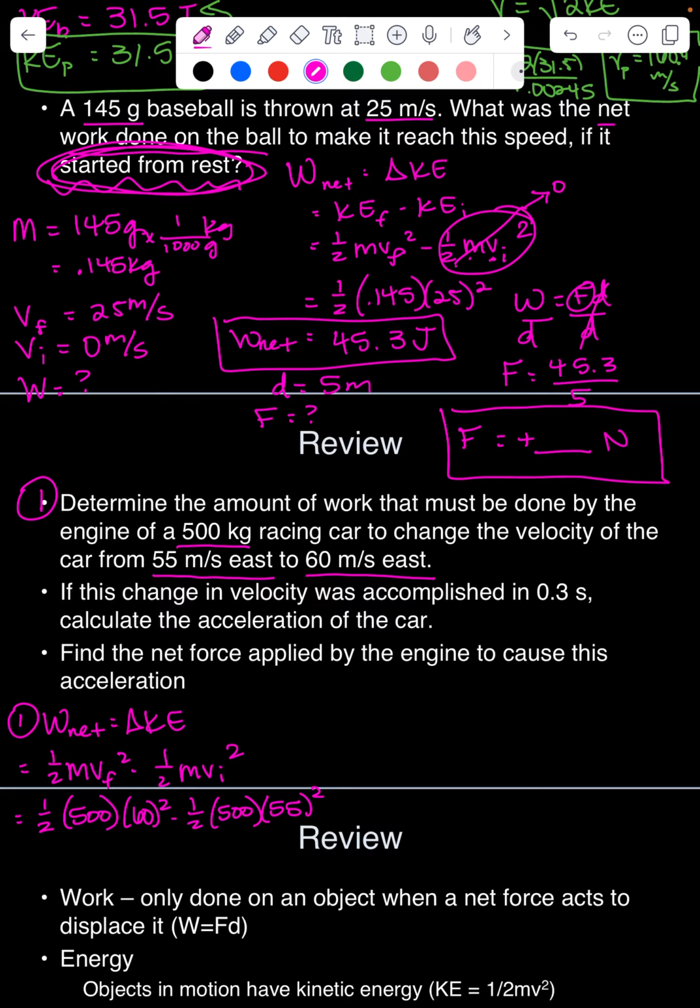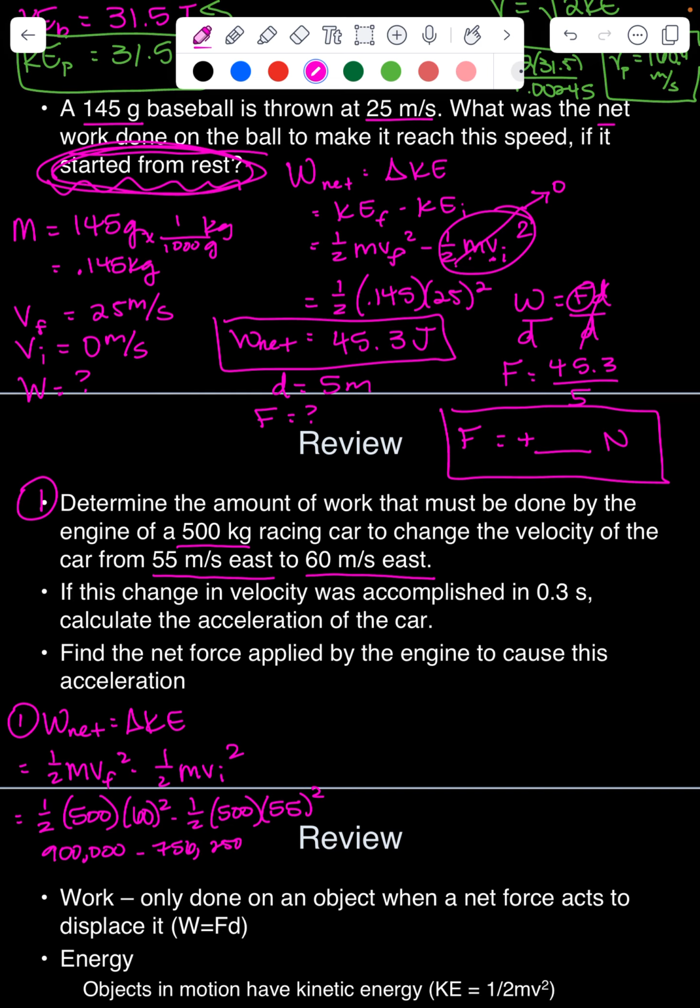Whenever we square 60, that's going to give us 3,600. Multiply that by 250, that's going to give us 900,000. Minus 55 squared times 250 is going to give us 756,250.